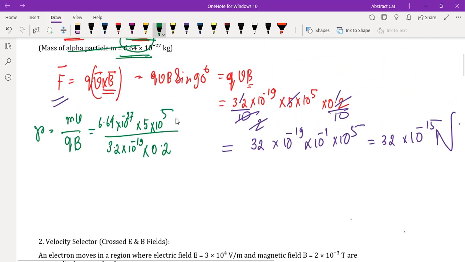First remove the decimal points. Removing the points gives 664, 32, and 2 becomes 10 here.